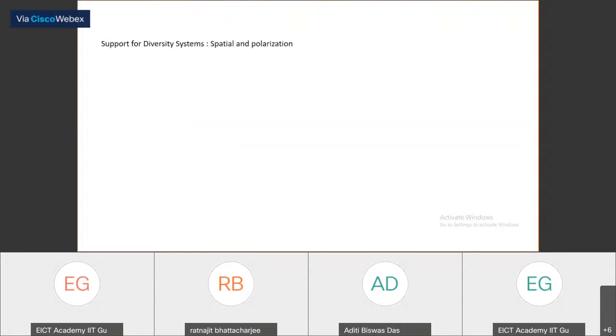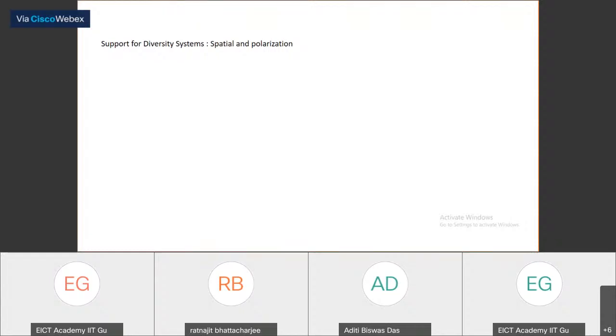Let us come to other issues. Support for diversity system. Many a times the receive diversity is performed at the base station. We talk about the receive diversity, but you can easily have multiple antennas at the base station, whereas at the mobile station, you will have one antenna, and if you are going for more than one antenna, that number also will be limited.